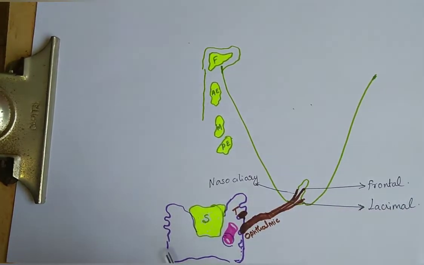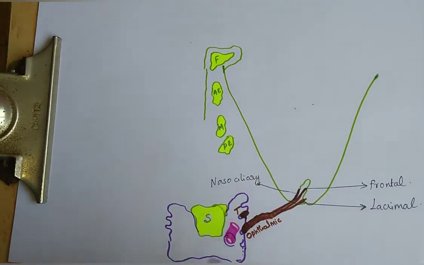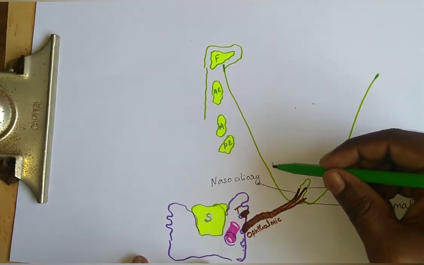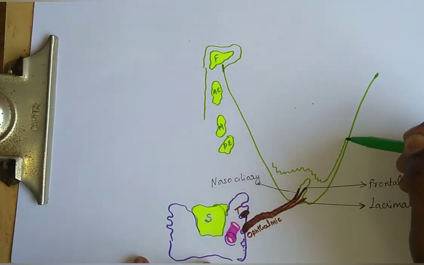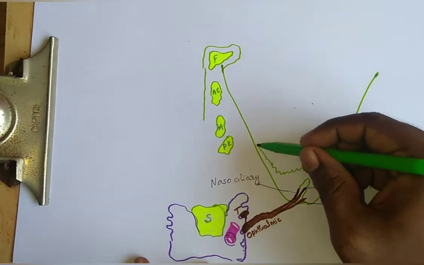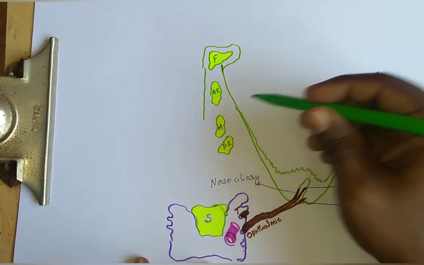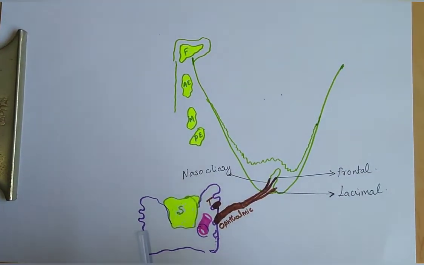Now first we will talk about the lacrimal nerve. We can open up the superior orbital wall so that we can visualize the orbit.